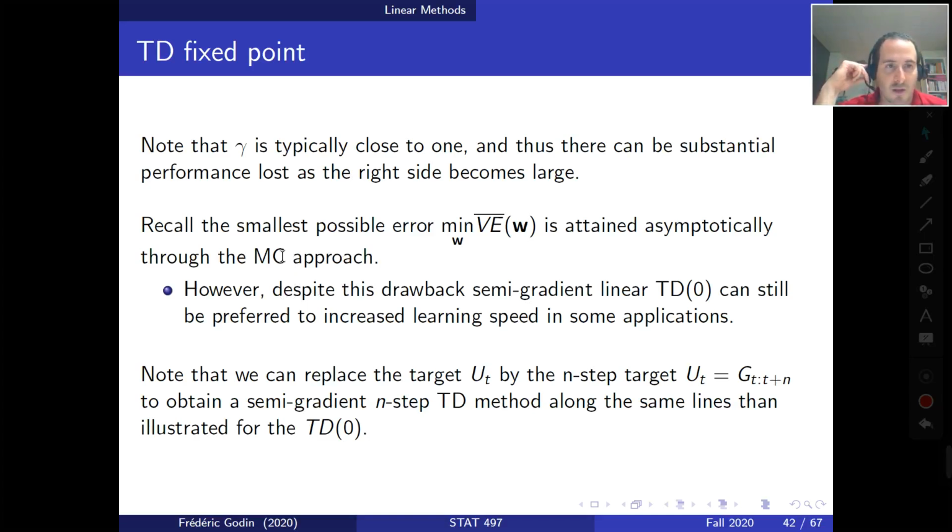Okay, so we said the Monte Carlo approach with semi-gradient converges to the set of parameters providing the best mean square error, whereas if you use a TD0 target instead of the Monte Carlo approach in this framework, your parameters will converge not to the best parameters, but to a set of parameters which is not too far away from the best ones.